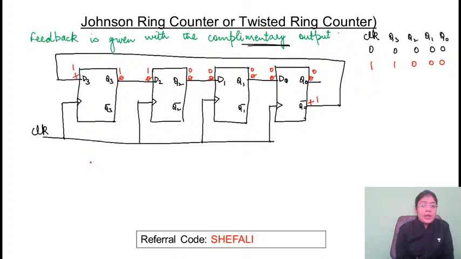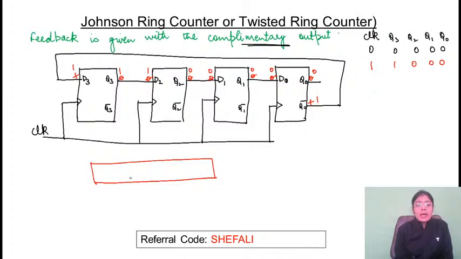Basically, an easy way to evaluate is to consider this as Q3, Q2, Q1, Q0, all 0. Here, the input for Q3, what is that value?